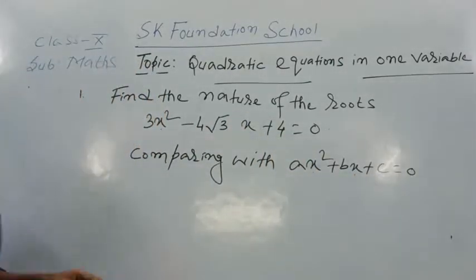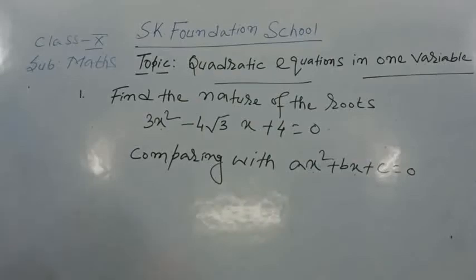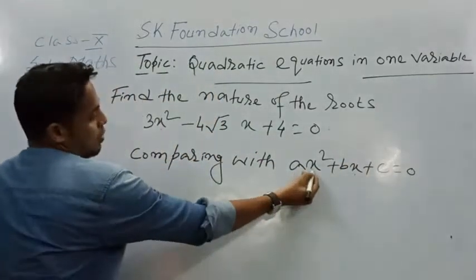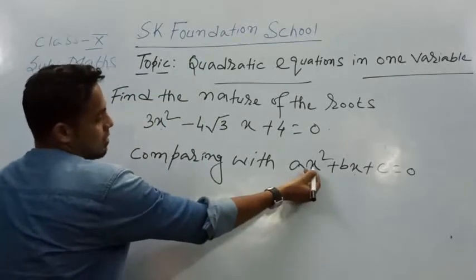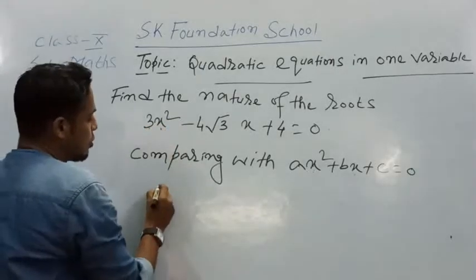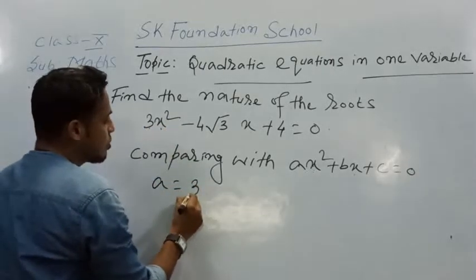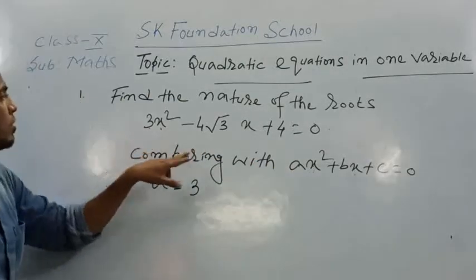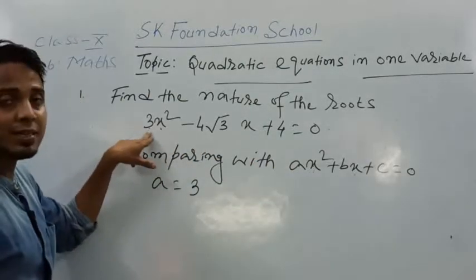Okay. If we compare this equation with this equation, here the coefficient of x square is a, and here the coefficient of x square is 3. So we can write a equals to 3.